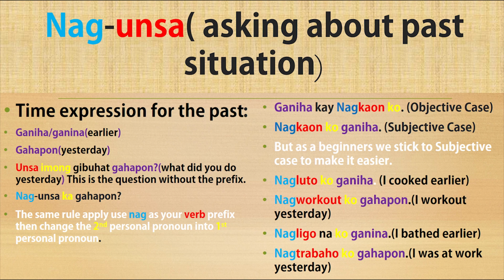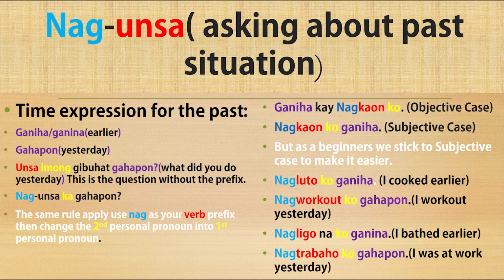Here is our example. Ganiha kay nagkaon ko. Nagkaon ko ganiha. Remember, use the time expression ganiha, earlier, then use the prefix nag with your root word. Nagkaon ko ganiha, or ganiha kay nagkaon ko.